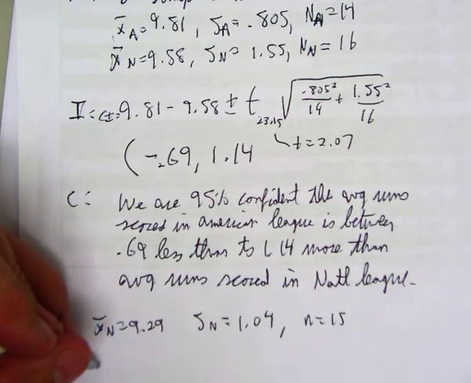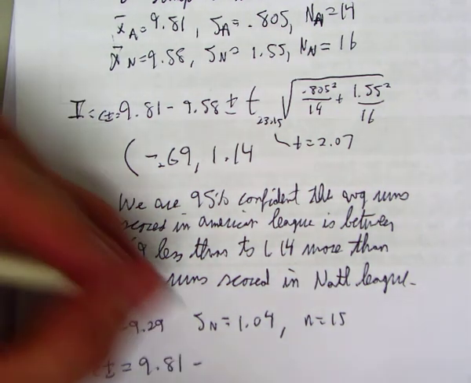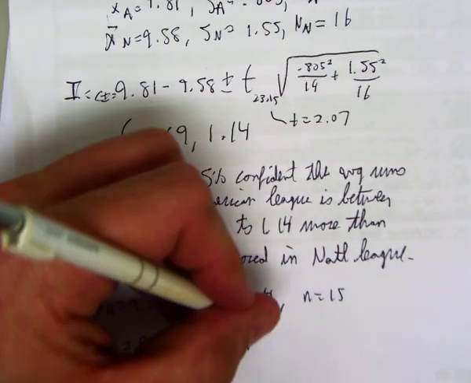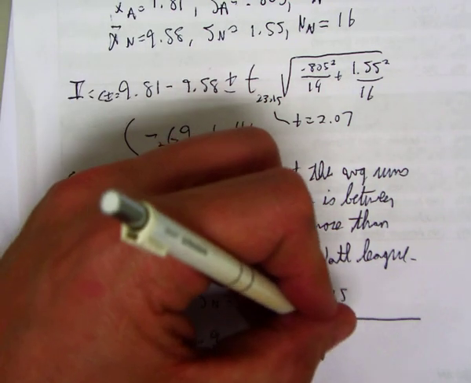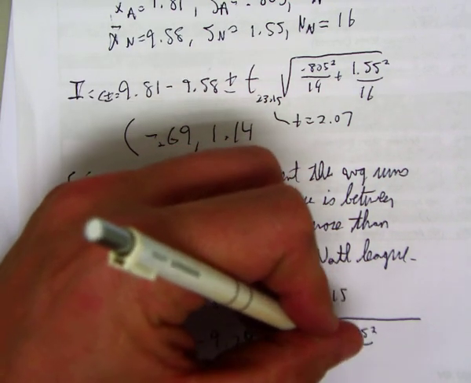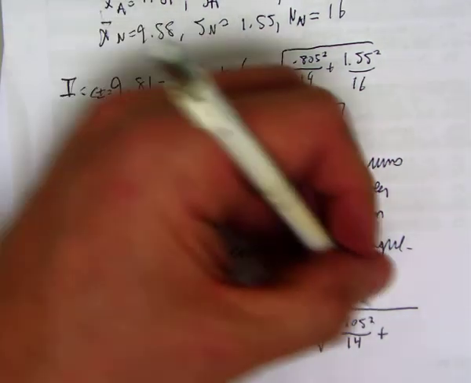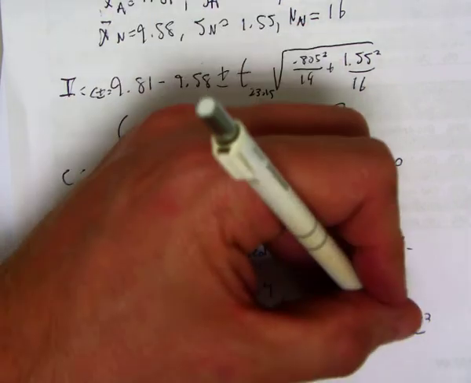So our confidence interval is going to be 9.81, which is the American League, minus the new mean of 9.29, plus or minus t, and we've got to do the square root of the standard deviation of the American League squared over 14, plus the new standard deviation of the National League squared over 15.